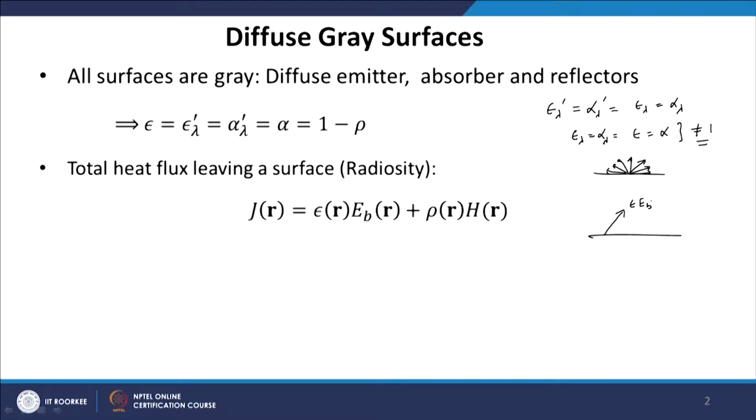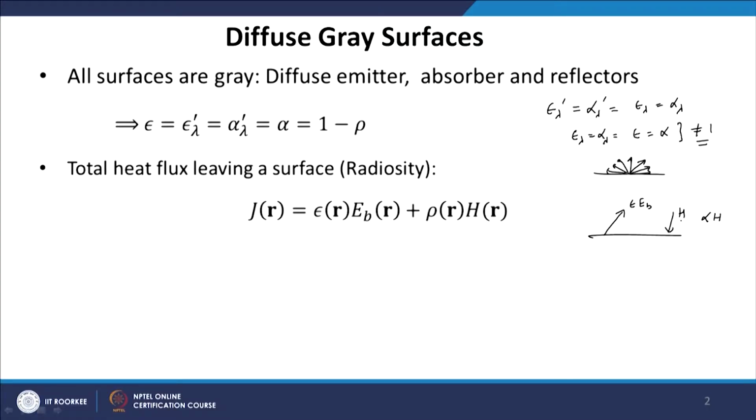This is going to be less than what a black body would emit, and the amount of energy absorbed, if let us say H is the amount of energy falling onto a surface, is simply alpha times H. A black body would have absorbed all the radiation, while the grey surface absorbs only a fraction of the incoming radiation, and this fraction is called absorptance alpha.